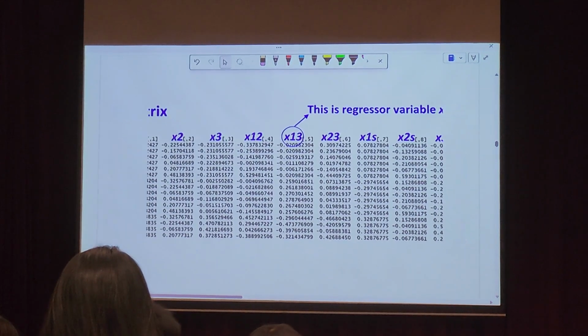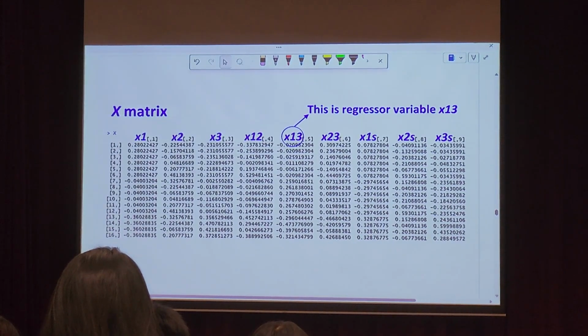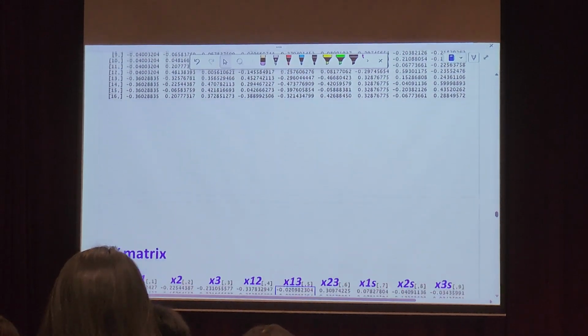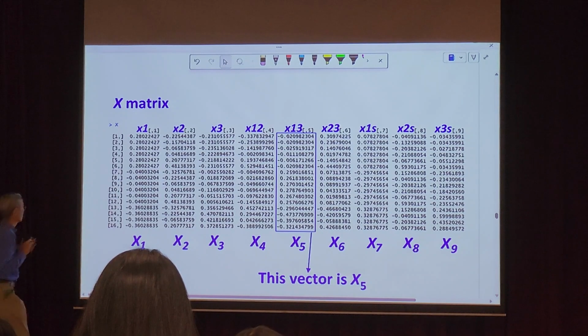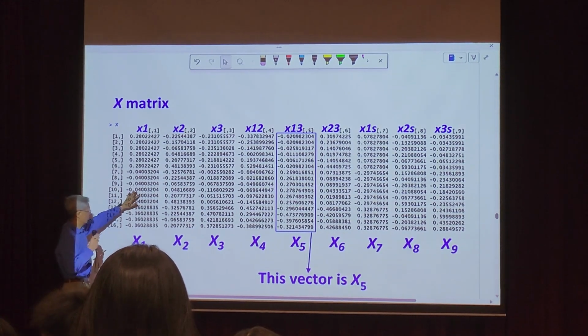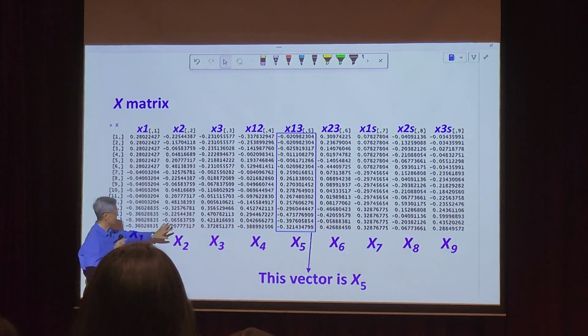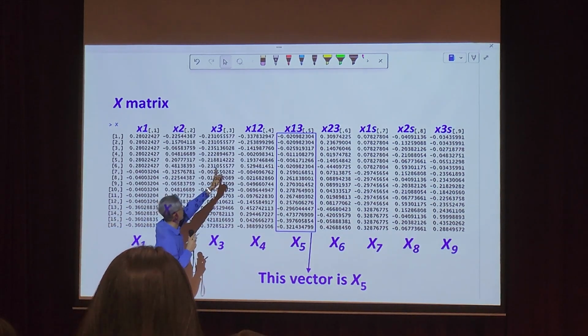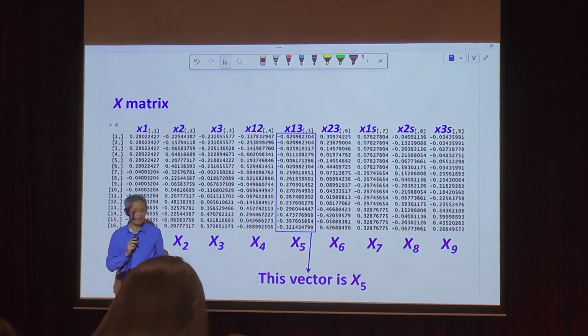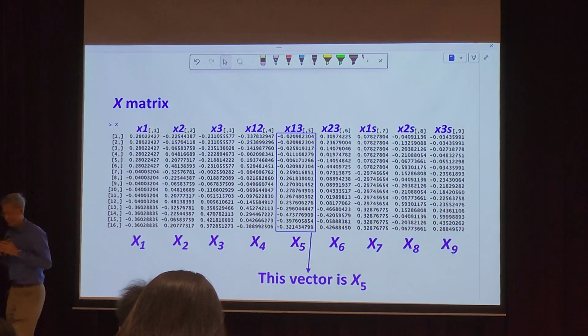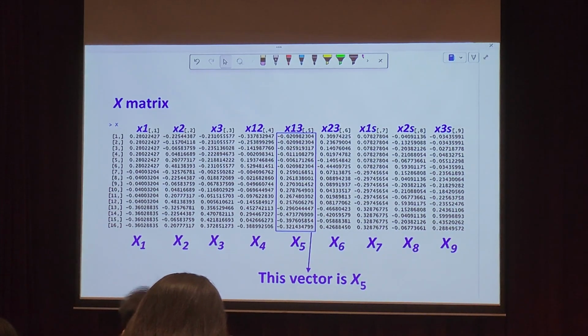So let's now take a look at Z. So this is the X matrix. You can print it out to see. I relabel them. So this is the first column of the Z matrix, second column, third. X1 times X2 is the fourth column. So I have 9 X columns.